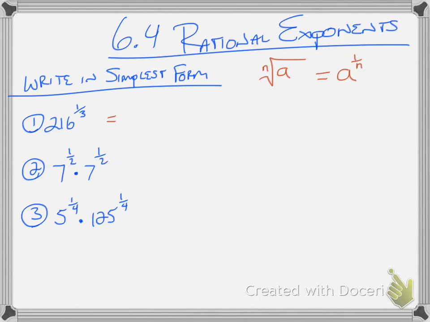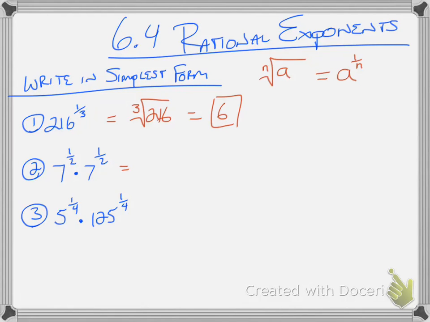So 216 raised to the 1/3 can be written as the cube root of 216. That denominator becomes the root there, and then the cube root of 216 is 6.